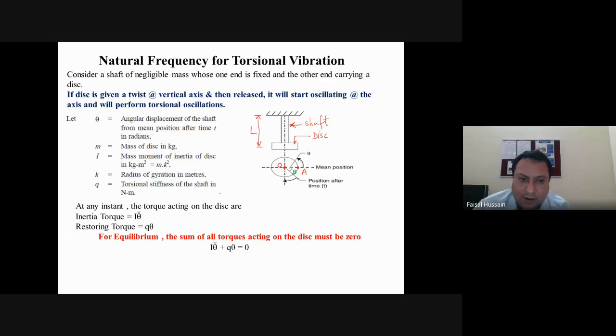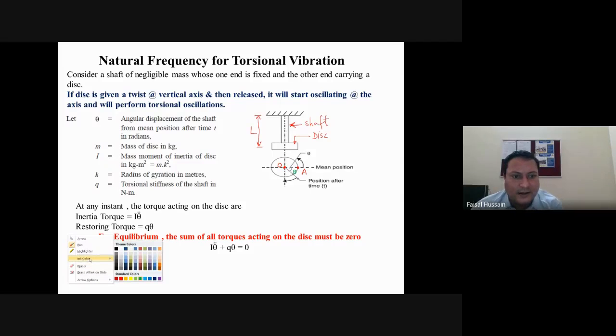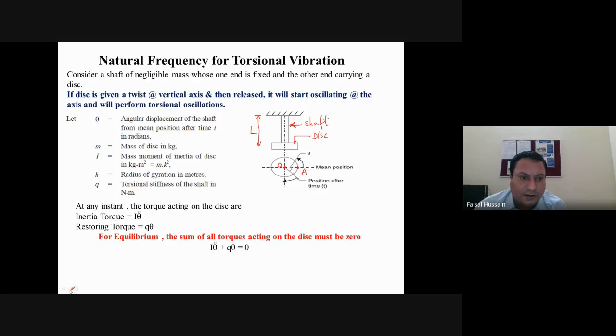So at a certain point, when I rotate the disk through an angle theta, let us assume that it reaches a point, see, let this point be A dash, and this angle is your theta. Okay, so we have considered a shaft of negligible mass whose one end is fixed and other end is carrying a disk.